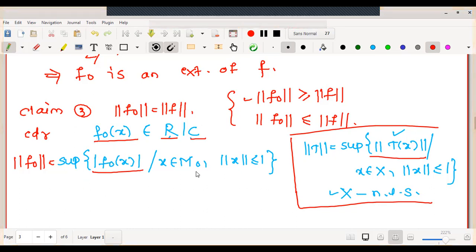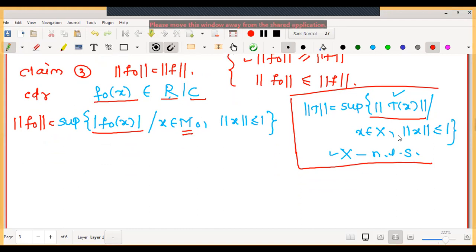Now, I want to change the space from M naught to M. Therefore, what is the effect on this equation? If A is a superset of B, then we know the supremum over A is greater or equal to the supremum over B. Same kind of relation we are using here.